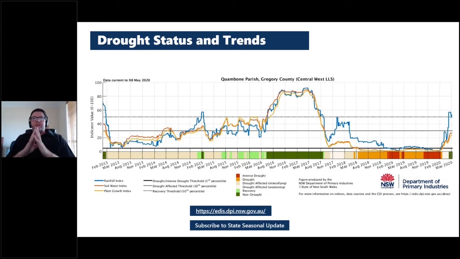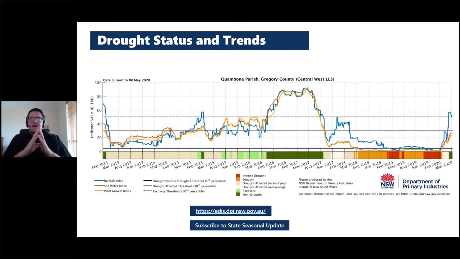We've got similar indices there, the brown and the light brown lines. They're the same thing, but for soil moisture and also pasture and crop growth. And we can see from this sort of data, it's no secret, you guys have been managing a fairly severe drought.